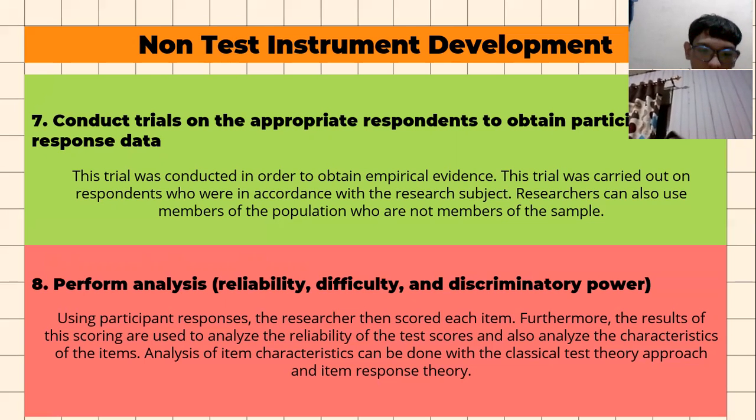Furthermore, the results of this scoring are used to analyze the reliability of test scores and also analyze the characteristics of the items. Analysis of item characteristics can be done by the classical test theory approach and item response theory.